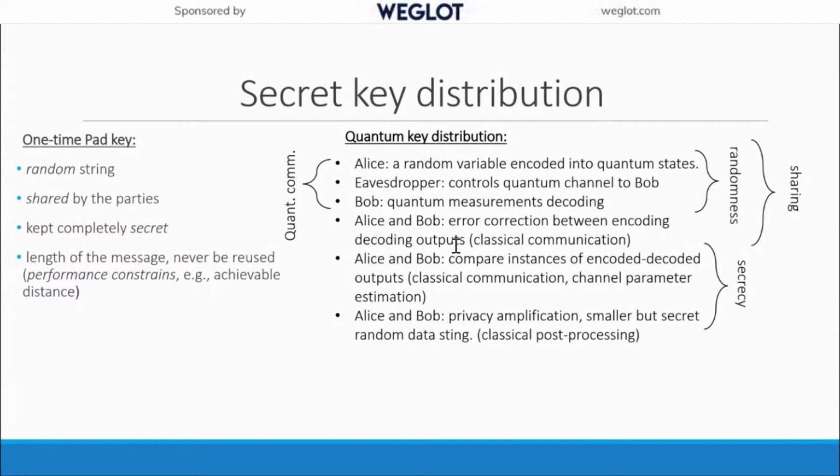By doing that, they can know the amount of noise, and then by using privacy amplification, which is some kind of compression, they can compress these strings by the correct amount, based on what they have calculated before from the noise, so as to achieve smaller strings, but secret ones.